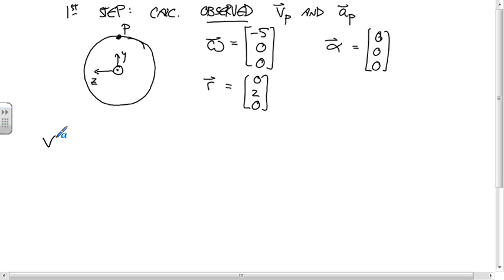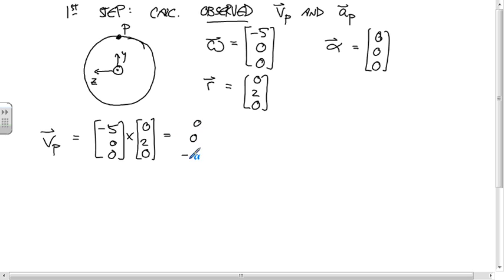So the observed velocity, Vp, is -5, 0, 0 crossed with 0, 2, 0, and we get 0, 0, -10. But this isn't the true velocity.